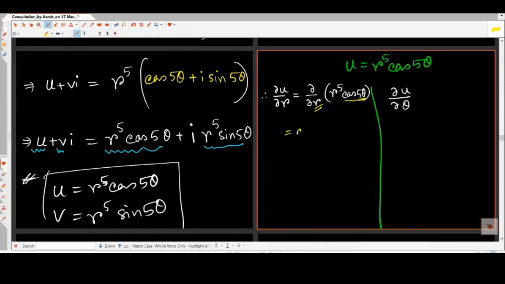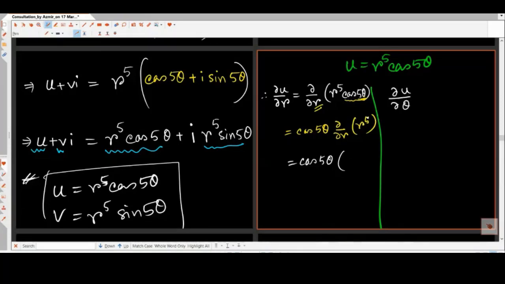So it is cosine 5 theta times d dr of r to the 5.